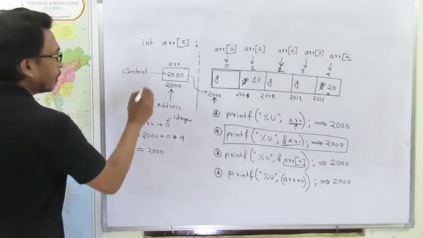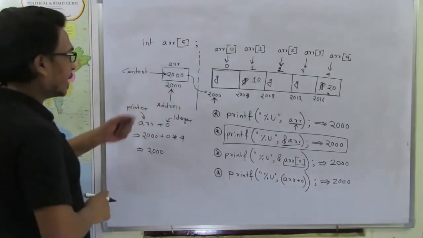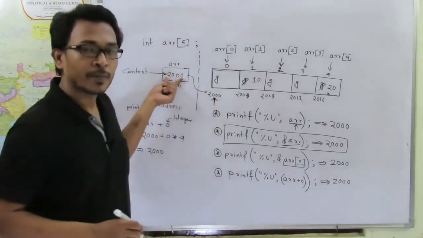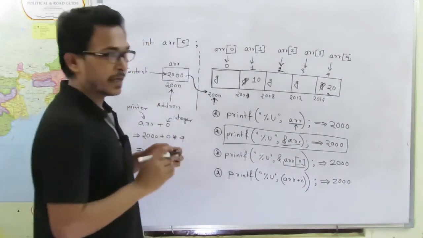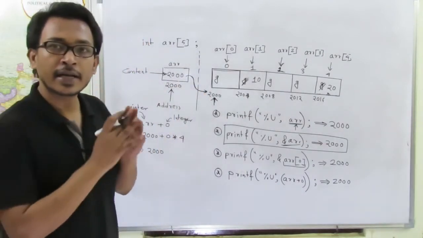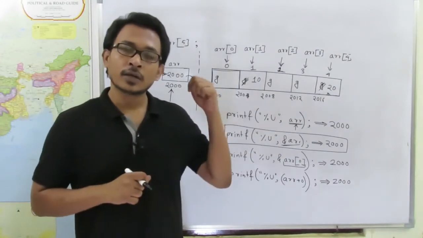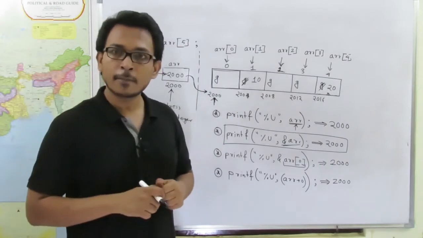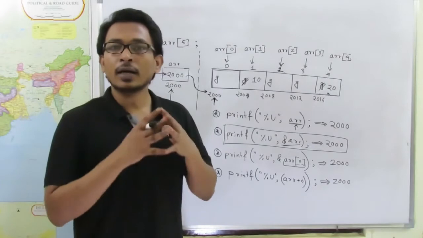Same element means the content of arr is 2000, and this content is nothing but this particular address itself, because it is already pointing to this location. Whenever the system gets any address, it will automatically reach that address. And after that, what the system needs to do depends on the instructions.